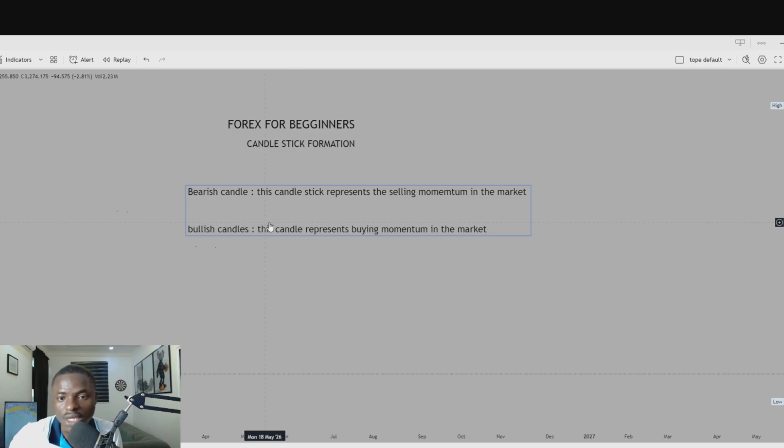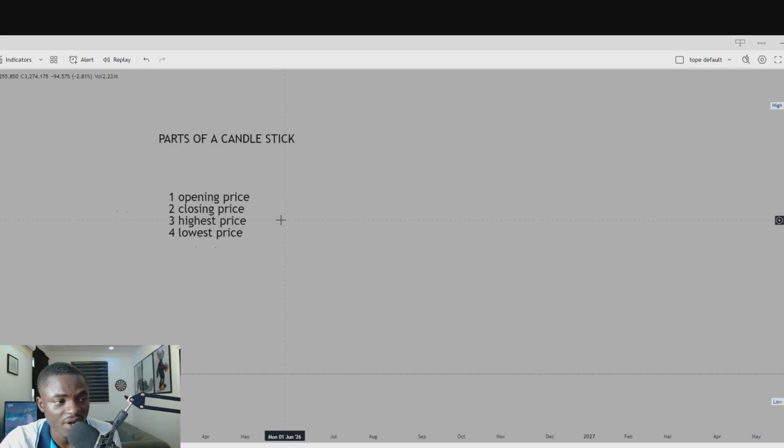So let me show you what the buying and the selling candlestick look like. Every candlestick has its own story, and there are four things you need to be able to identify for you to successfully identify what a candlestick is: the opening price of a candlestick, the closing price, the highest price, and the lowest price of that candlestick. That's the story behind every candle.